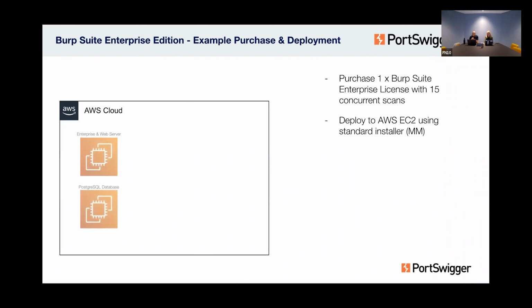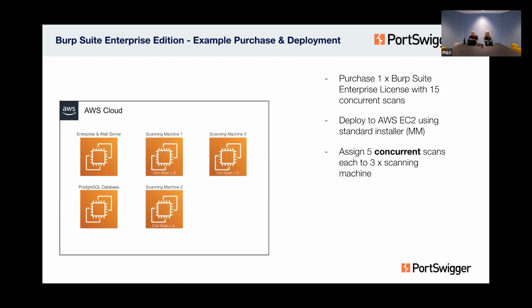So we deploy an image with the enterprise and web server, and then the same for an external database, Postgres in this case. And then we need to decide how we want to distribute those concurrent scans. Along the lines of best practice, we're going to deploy 3 scanning machines, each enabled with 5 concurrent scans, giving us our 15 in total. And that's a good spread from a resource perspective as well, particularly around performance.